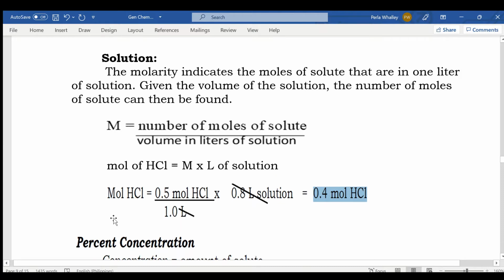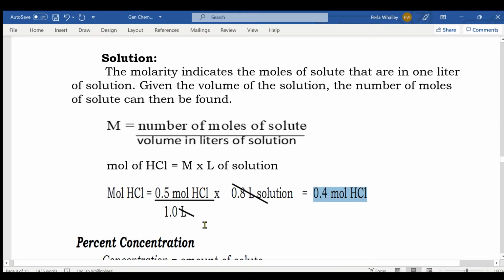So moles of HCl is equal to 0.5 M, or 0.5 molar. Remember that 0.5 molar is equal to 0.5 moles per liter, or per 1 liter of solution, times the liters of solution, and the problem gives 0.8 liters of solution. So liters of solution cancel out. What is left is moles of HCl: 0.4 mole HCl.